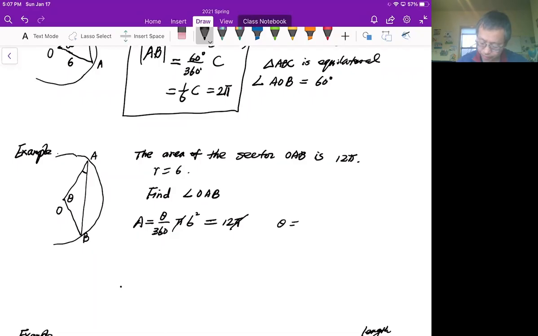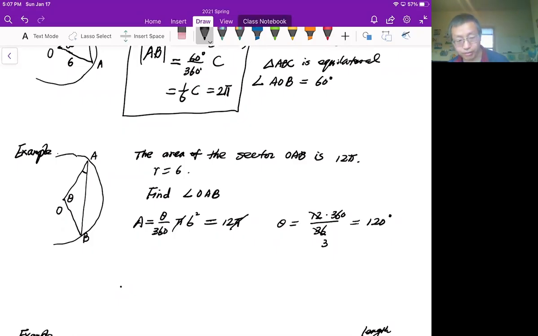So theta is equal to 12 times 360 divided by 36. The 12 and 36 cancel out, that's the 3. So 360 divided by 3 is equal to 120 degrees. Everything's okay? So first of all, you can figure out the central angle, which is 120 degrees. Now we need to solve for this triangle here.